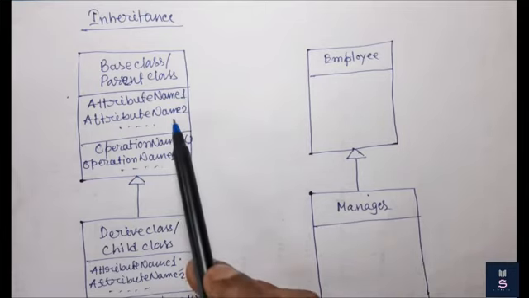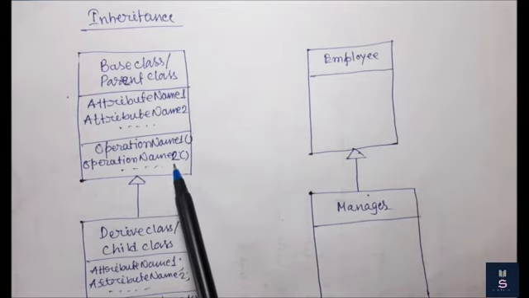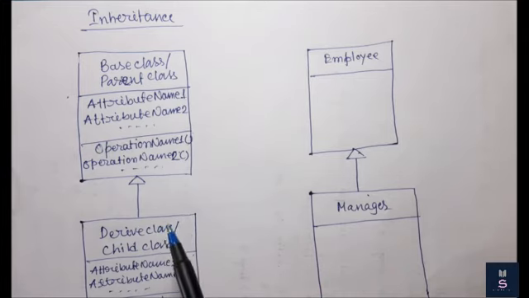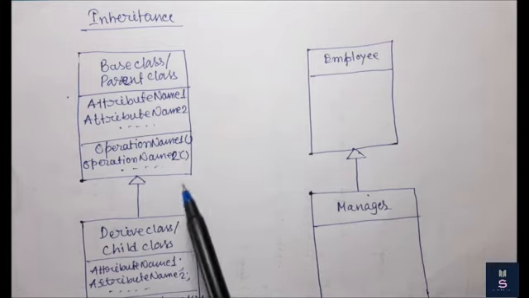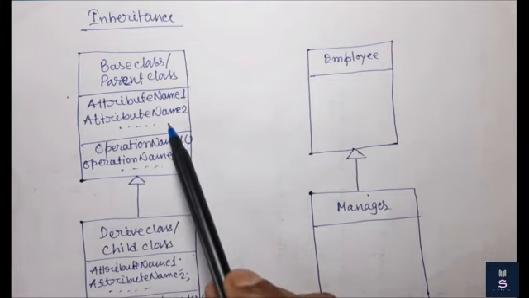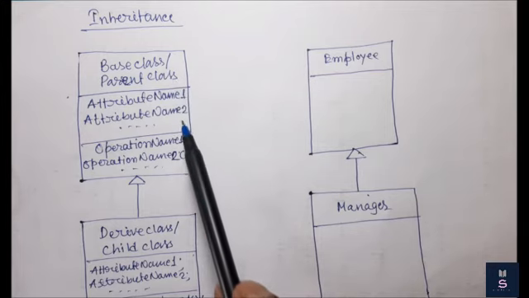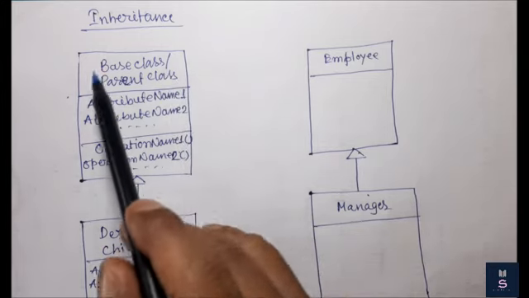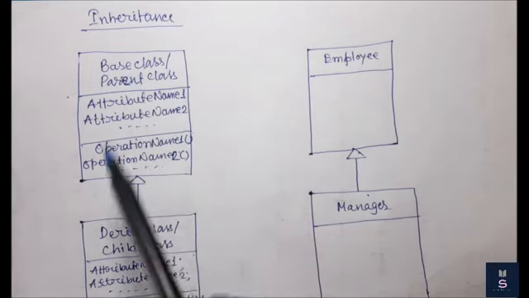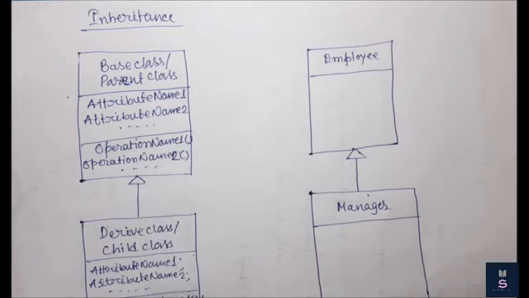Whatever attributes and functionalities the base class has will be inherited in my child class. The pre-existing class is known as the base class, or super class or parent class, and the new class formed from it is known as the derived class.